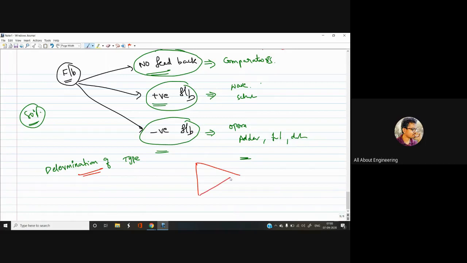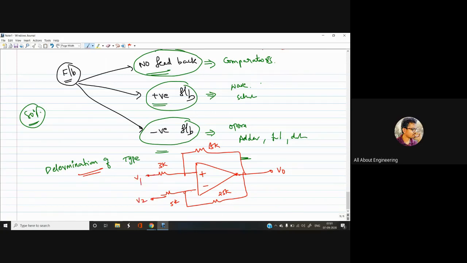Let me give you a small example. Many will think that if there is a feedback path from output to input, then there exists a feedback, but that's not entirely true. Take a simple circuit like this, with 3K and 15K, and here 5K and 25K. If you look at these two terminals, this is V1, V2, right?